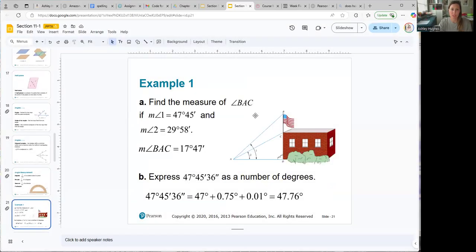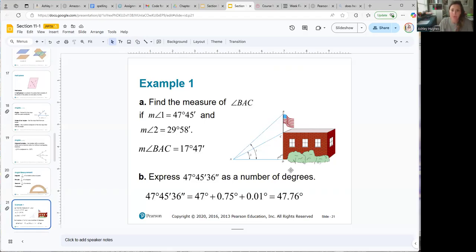Find the measure of angle BXC. So let's see. 47 degrees, 45 minutes. Angle 2 is 29 degrees, 58 minutes.